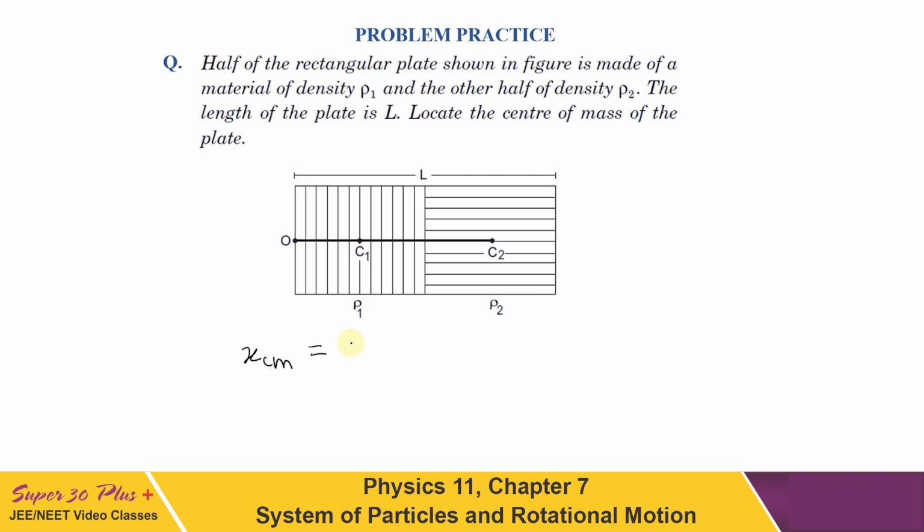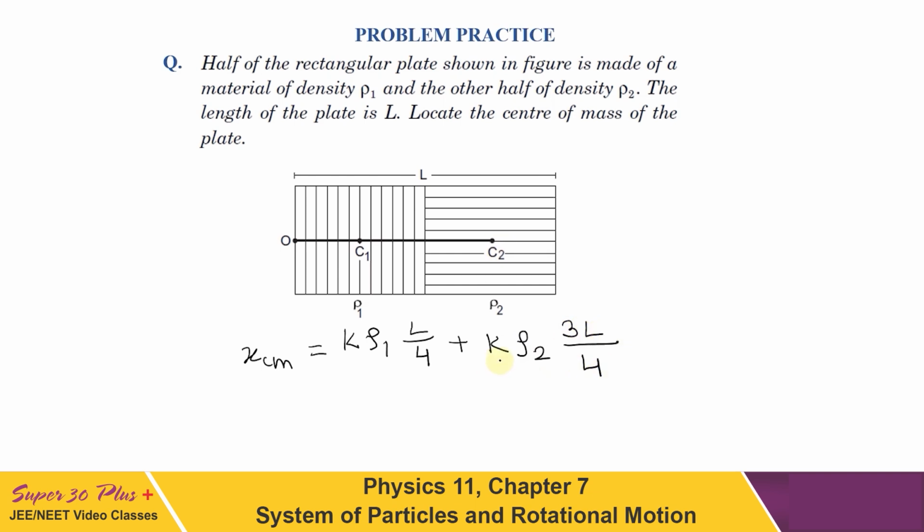If we consider density, since density is given here as ρ1, the mass can be written as Kρ1 into L by 4, because C1 has coordinate L by 4, plus Kρ2 into 3L by 4, which is the x coordinate of point C2.